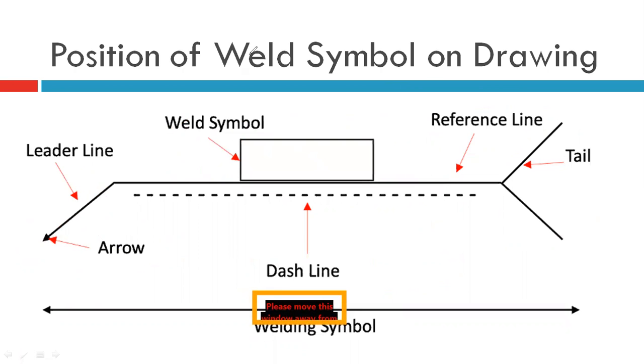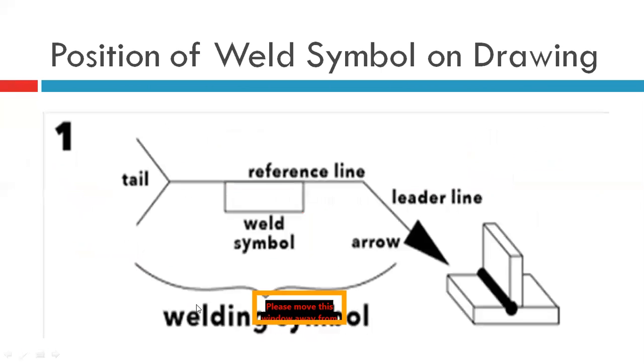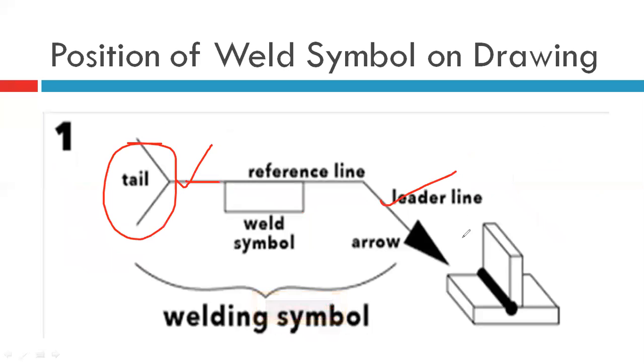We will see these things again in the next slide, where there is one figure. I am trying to show you the position. Here, this is your reference line, this is a tail, this is a leader line, this is the arrow, right? And this is your component where the welding takes place.